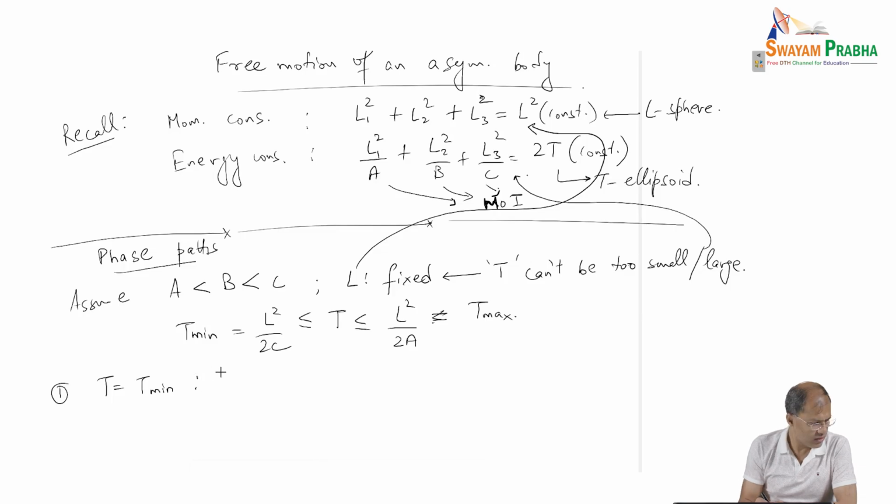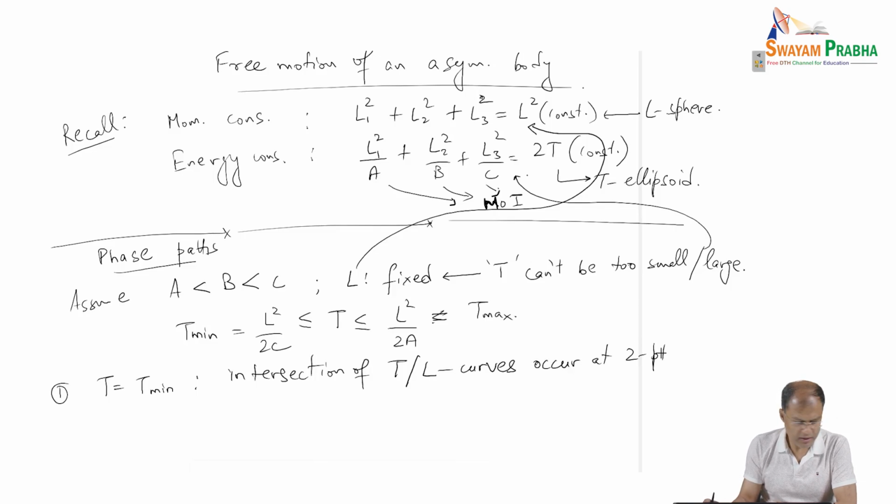So the conclusion is that the intersection of the T ellipsoid and the L sphere occurs at 2 points, 0, 0, plus minus L, and they correspond to the steady rotation about the x3 axis.